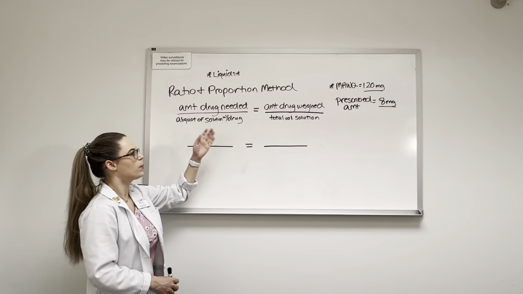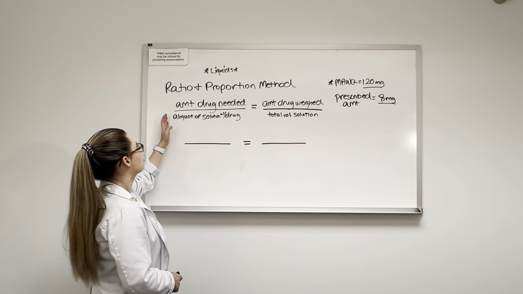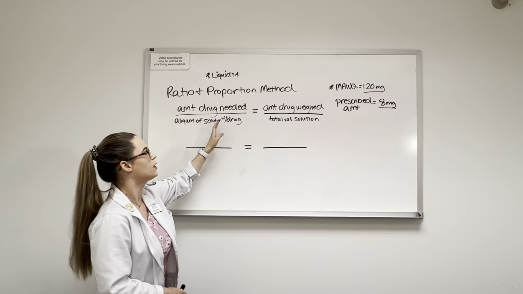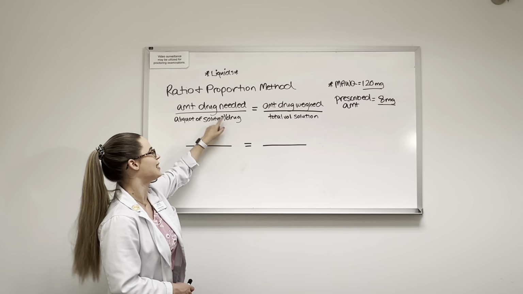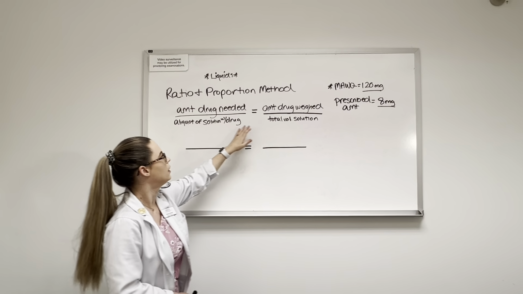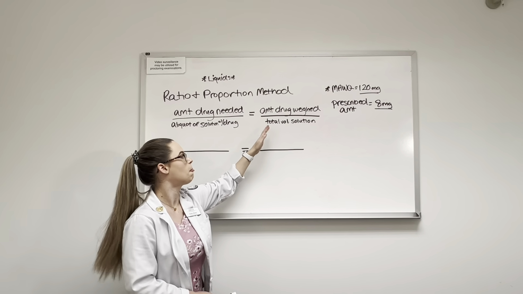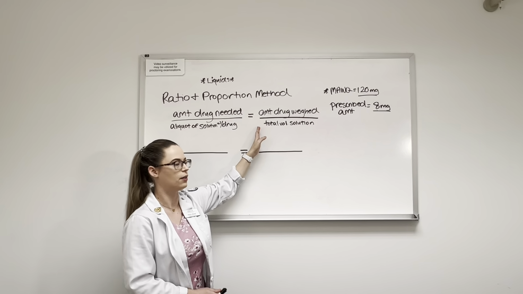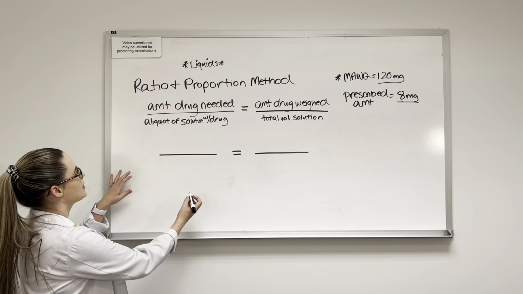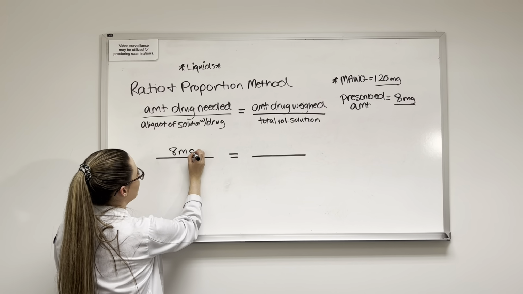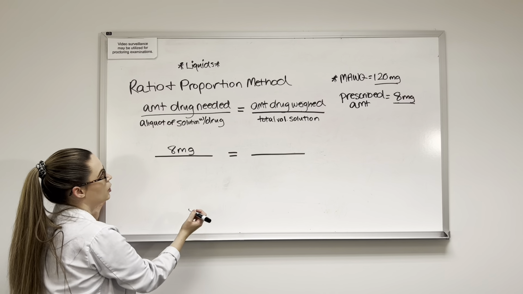On the bottom, we are concerned with solution. So on the left, we are looking at the aliquot of solution that we want to take out containing the drug needed. And then on the right, it is the total volume of our solution. This is, again, what we are calculating. So as we said, the amount of drug needed is 8 milligrams in this case.